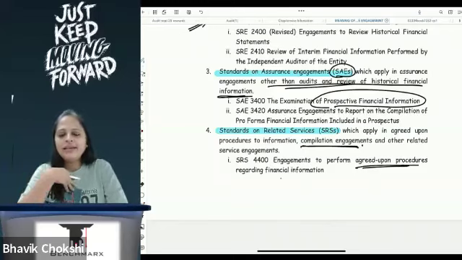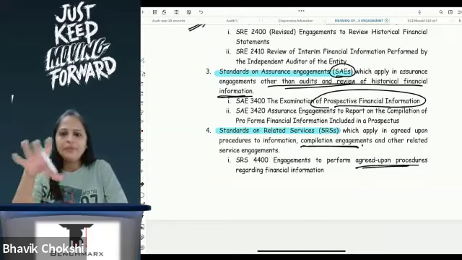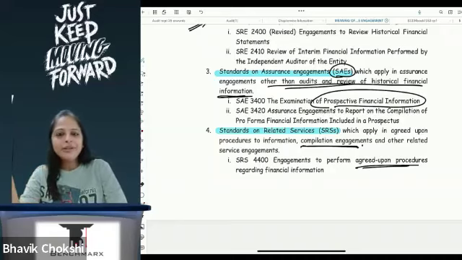As a CA I can do two things. I can either do an audit of what you've already done, or I can act as an accountant and do the things for you, correct? When you have told me this is what I want to do, say for example you want to do something on developing the internal control, here I'm not auditing the internal control that you already have.